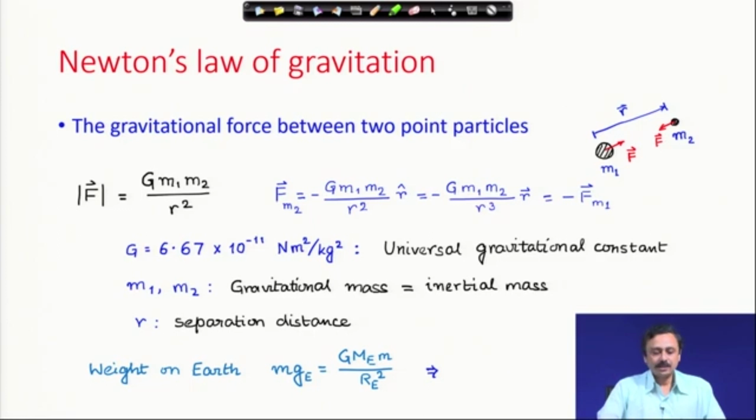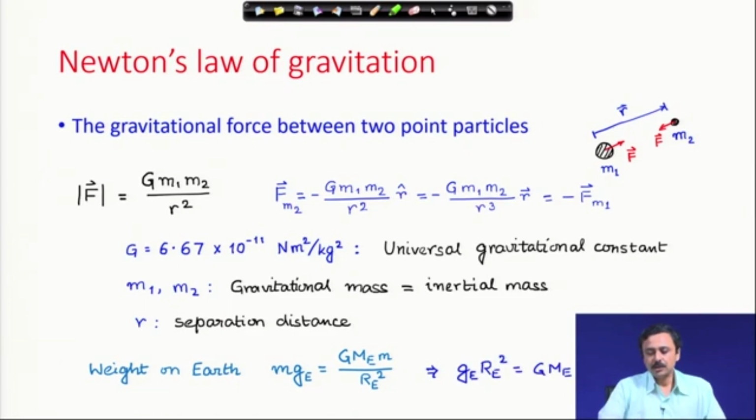Now, you can make some simplifying calculations. For example, the weight of a particle on the surface of the earth. The mass of that particle is small m, and acceleration due to gravity on the surface of the earth is g e, and that must be equal to, from the gravitational law of Newton, G mass of earth times mass of the particle by radius of the earth square, because on the surface of the earth roughly the particle is at the radius, the separation distance is the radius.